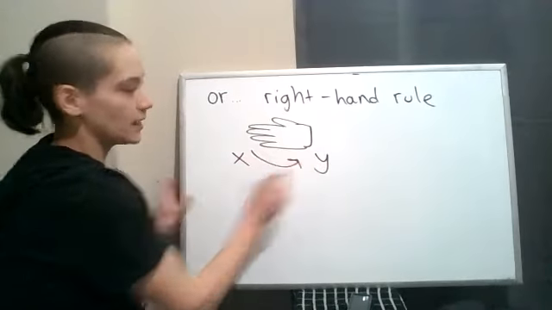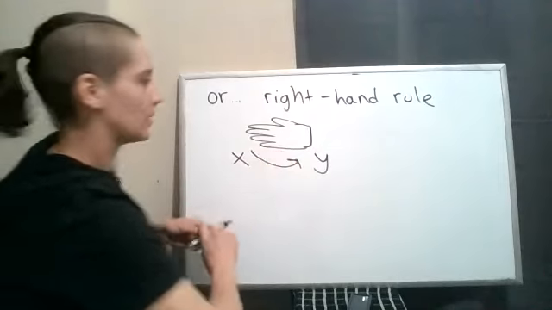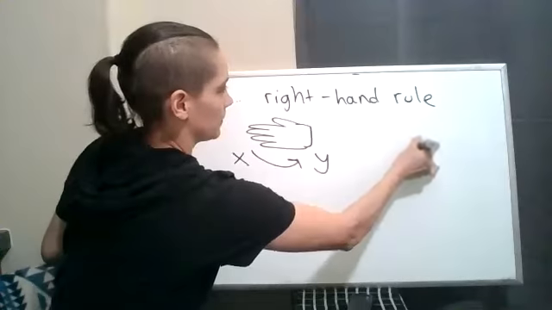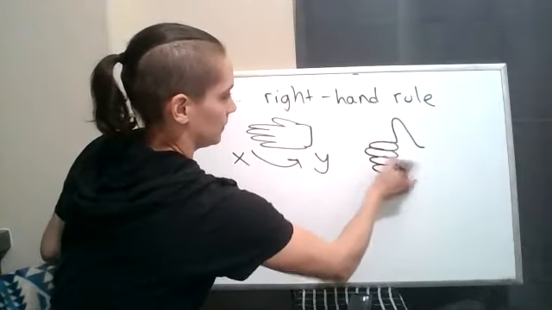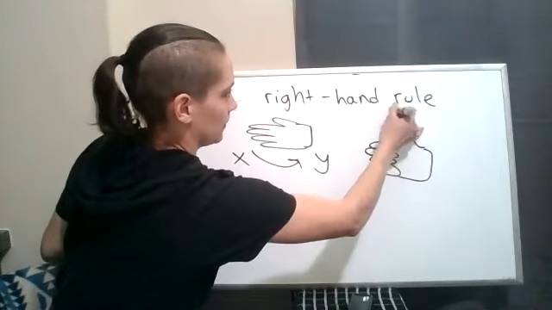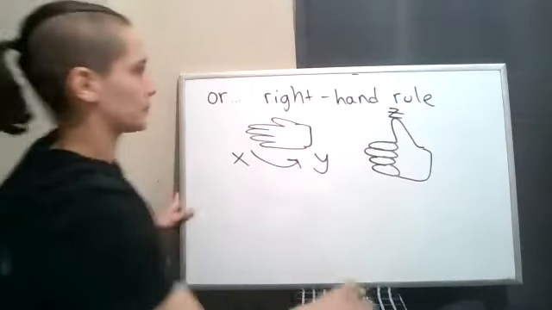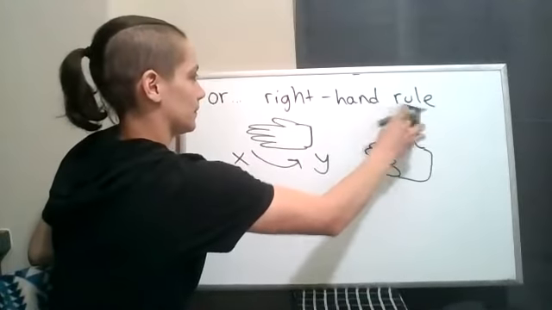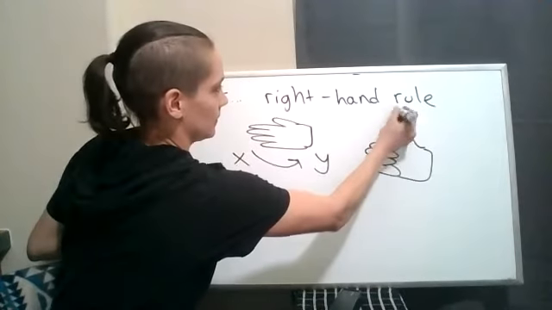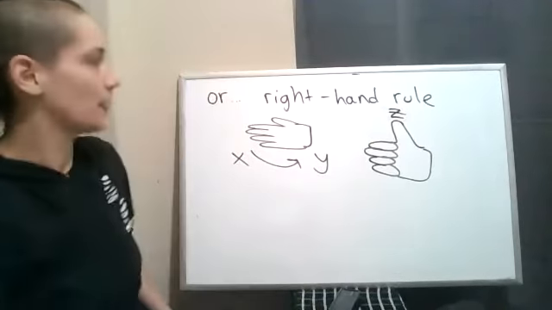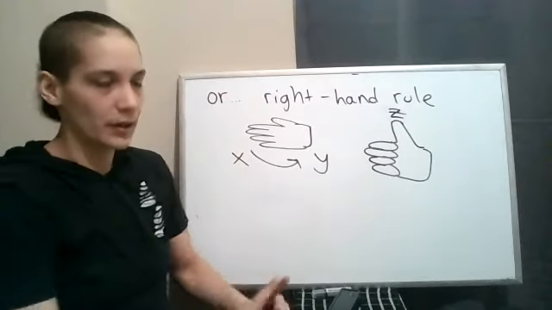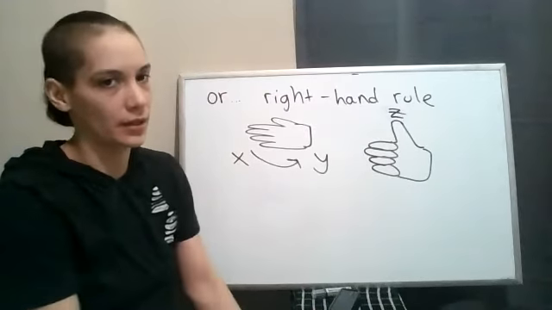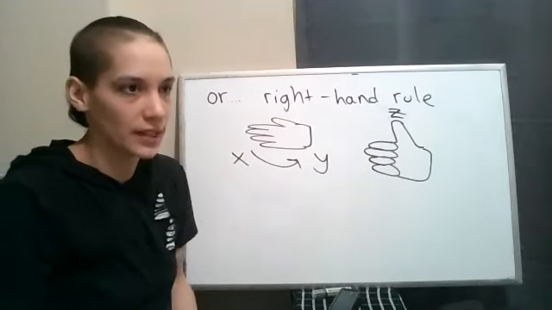If you close your hand, you make a thumbs up. So this is how we're going to draw our 3D coordinate system for like the rest of the book, for all of our homework, and everything like that.